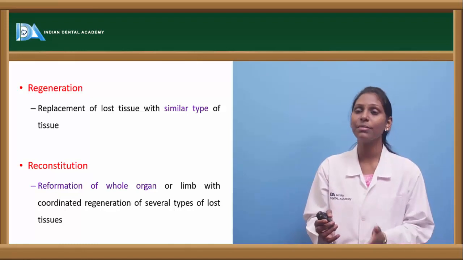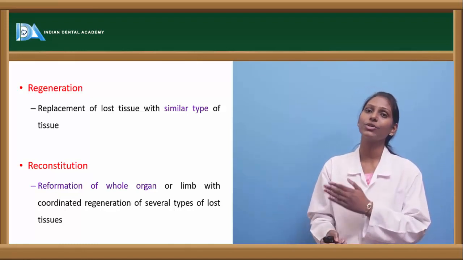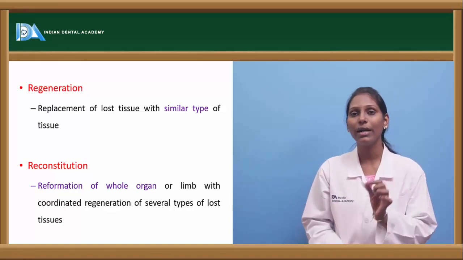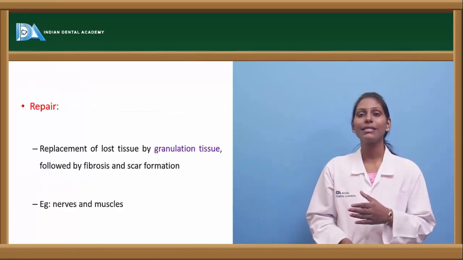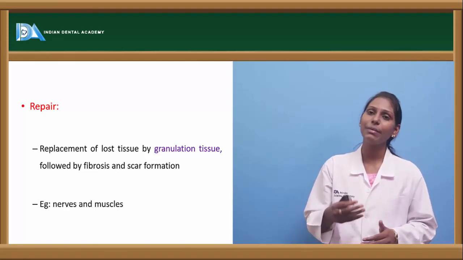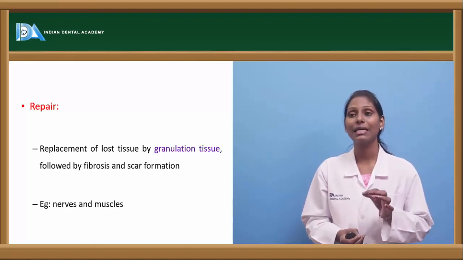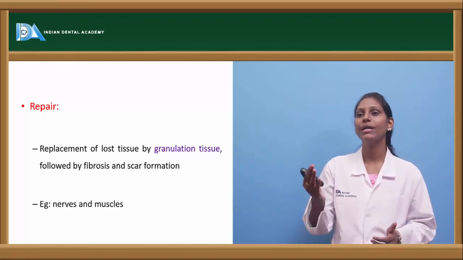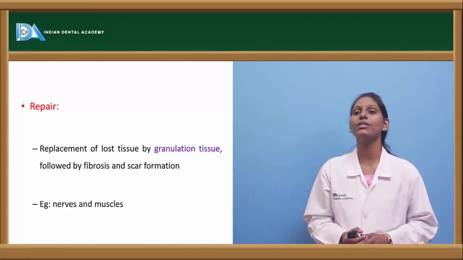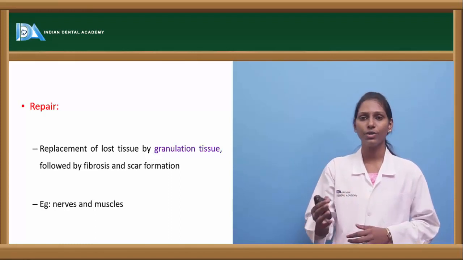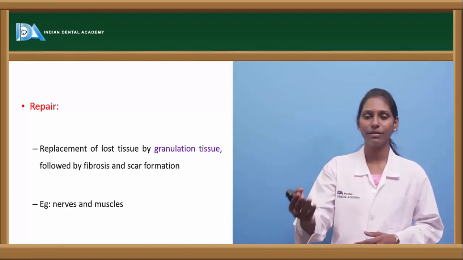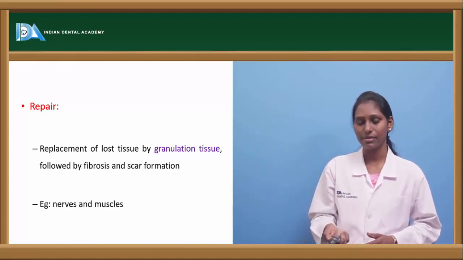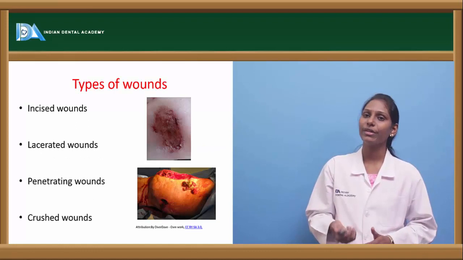Reconstitution is a mechanism where there is reformation of the whole organ or limb with the help of coordinated regeneration. Next is repair. Repair is replacement of the lost tissue with granulation tissue, which is followed by fibrosis and scar formation. Most wounds usually heal by this repair mechanism. For example, nerves and muscles usually repair instead of regenerating.